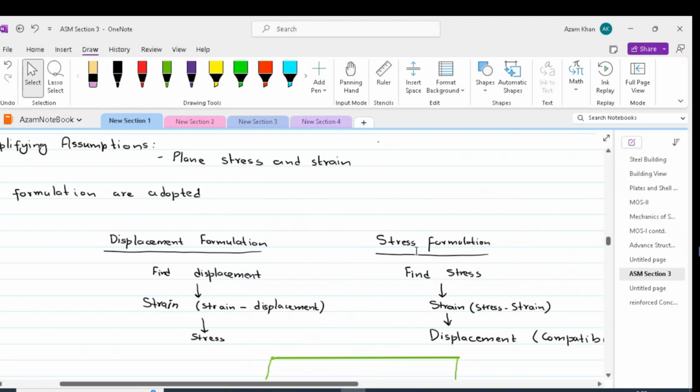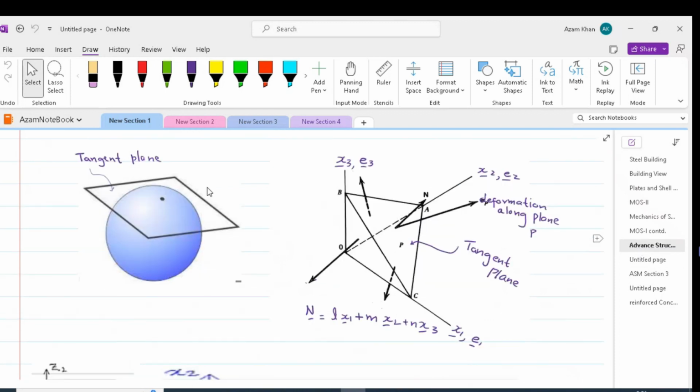However, in the case of the stress formulation, we have to satisfy compatibility because we get strains, and there are more strains as compared to displacements. There are 3 displacements, one in the x1 direction, another in x2, and the other in x3. 3 displacements, but there are 6 strains.